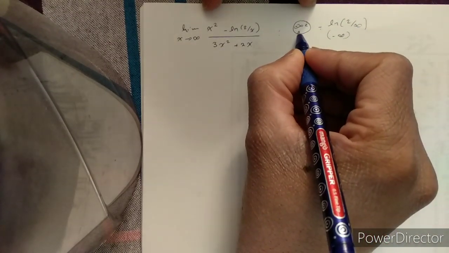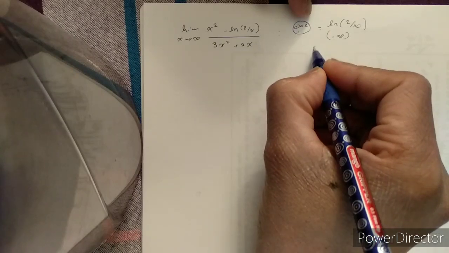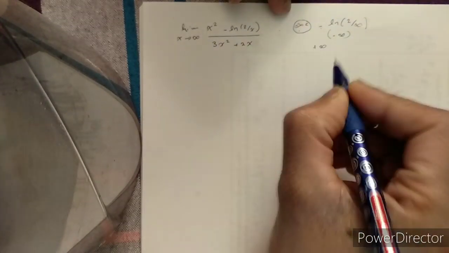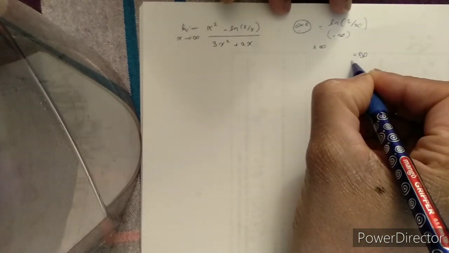And here also we have infinity squared, which is a very large positive number, and all together the numerator will give you positive infinity.